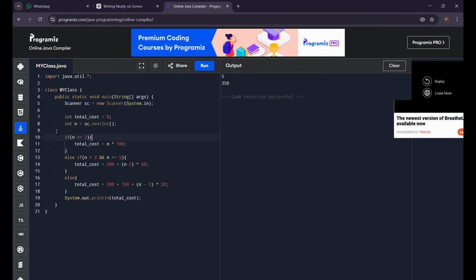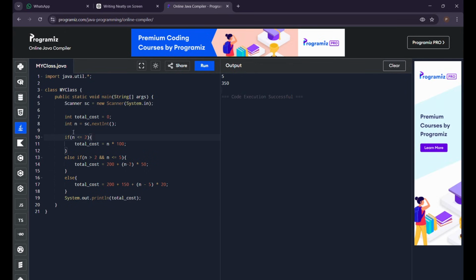So if this condition is true, we are not going to check these two conditions. We are going to print the total cost. If it is false, we will go to the next condition. We'll check if n is greater than 2, and n is less than or equal to 5.